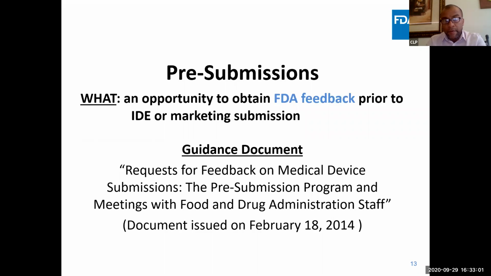And so I would like to move to just a quick discussion about the FDA engagement. And one of the best ways to engage FDA is via the pre-submission process. Pre-submissions allow you to introduce medical devices to FDA, identify the critical non-clinical and clinical issues that may be needed in moving a product to the marketplace.